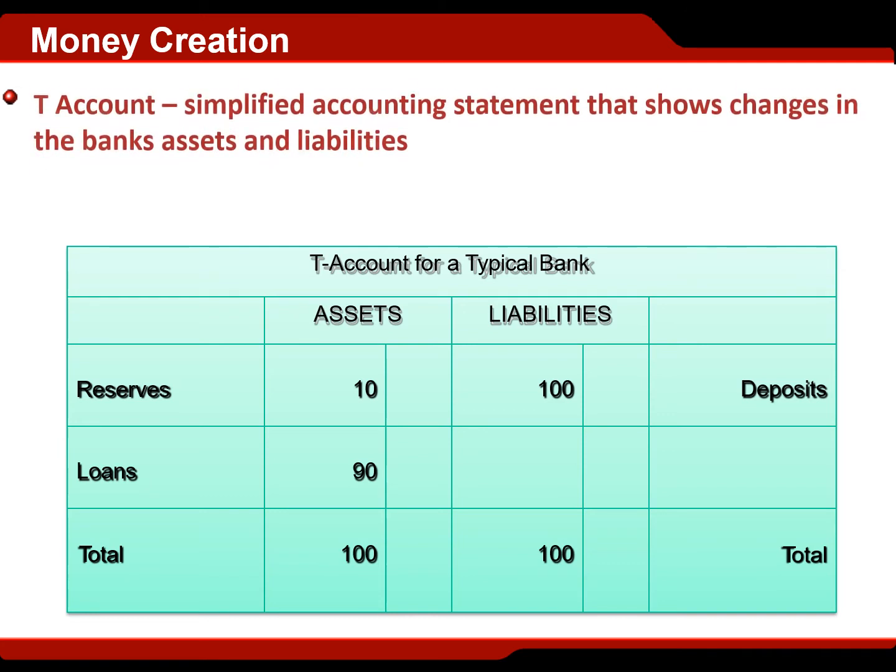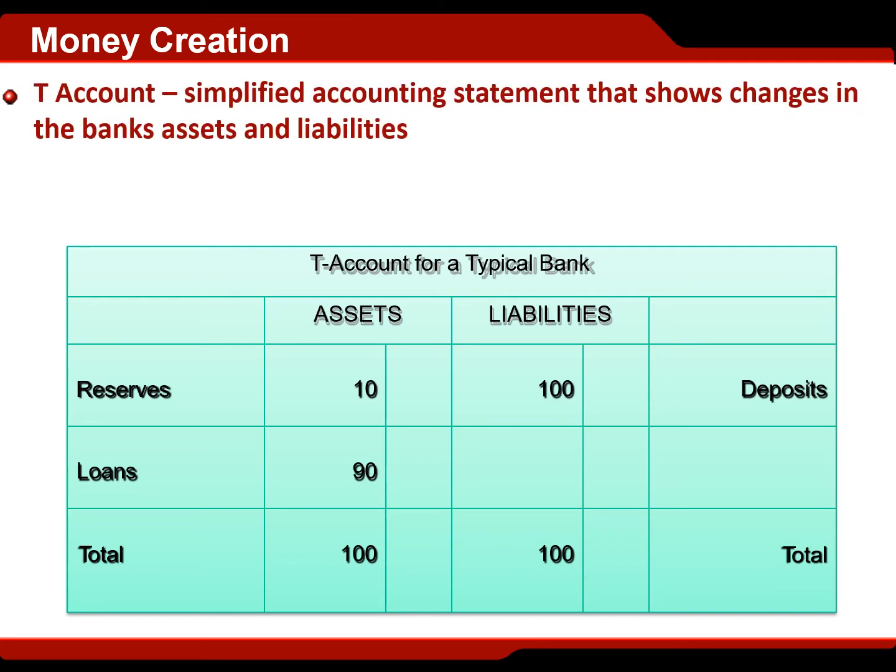So to understand money creation, we've got to real quick talk about some accounting, okay? I don't know if you guys know much about accounting, but if you don't, that's okay. We're just going to learn some really basic stuff. When we do basic accounting, the most basic tool is to set up what's called a T account, and you see a T account right here, this sort of greenish looking table. It's just a simplified accounting statement that shows changes in a bank's assets and liabilities.